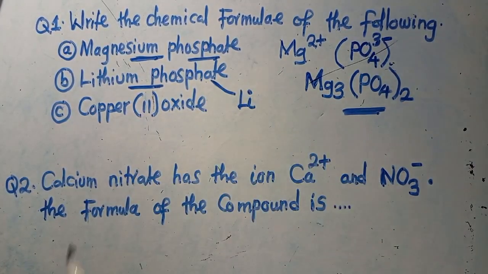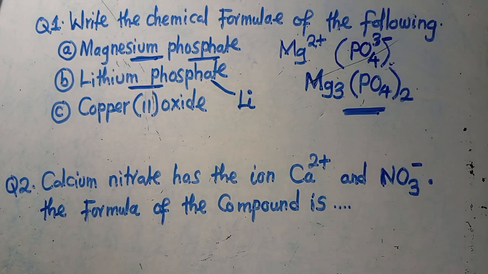Lithium, you check, is in which group of the periodic table? This one is in group 1 of the periodic table. This group is also known as alkali metals, which include other elements such as sodium, potassium, and calcium.